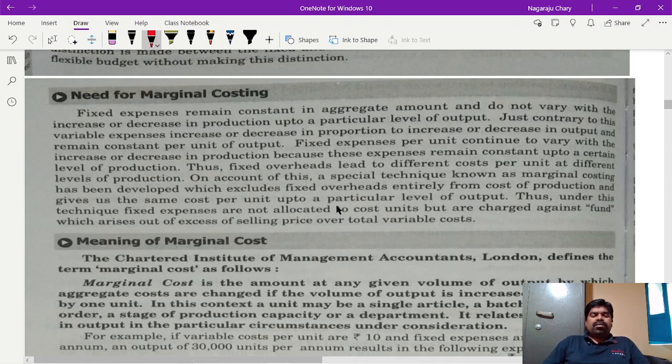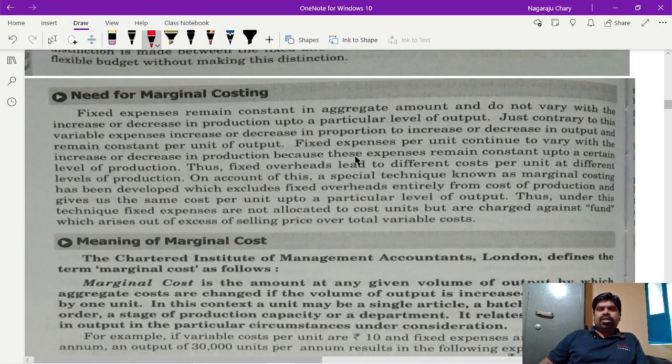What is the difference? Variable cost is the thing to be considered. As the volume of production is increased, variable cost is increased.